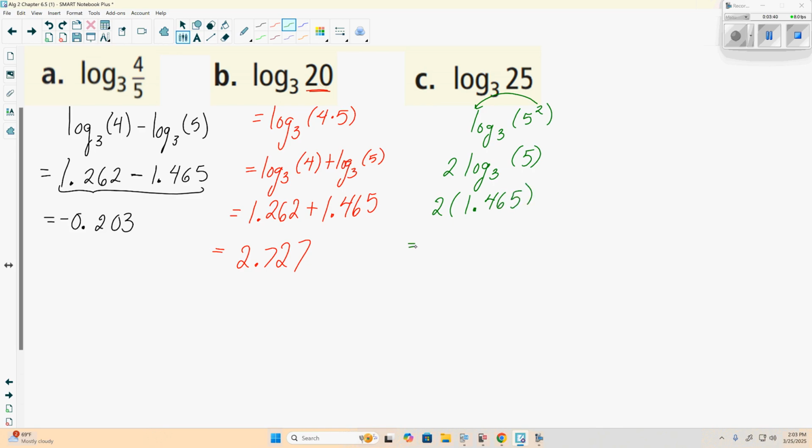So all we have to do now is multiply this by 2. And we get 2.930. Questions on these here?